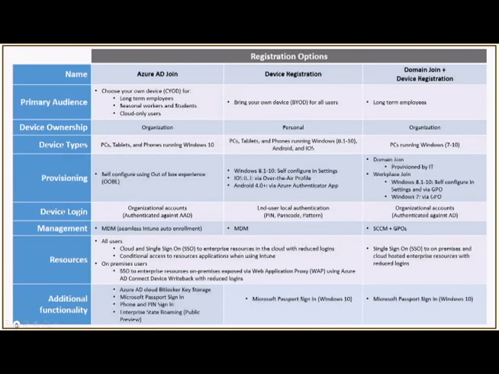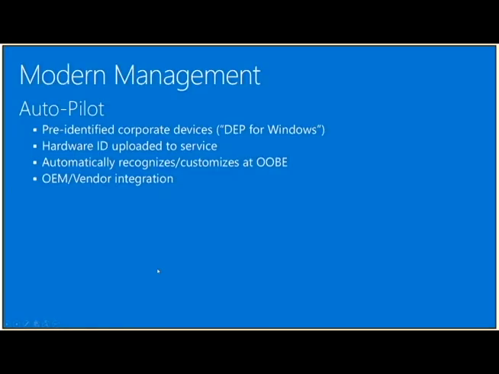An additional feature that was recently released and is expanding is the Autopilot feature. So Autopilot allows you to predefine or pre-identify corporate-owned assets for Windows 10 from within that cloud service.